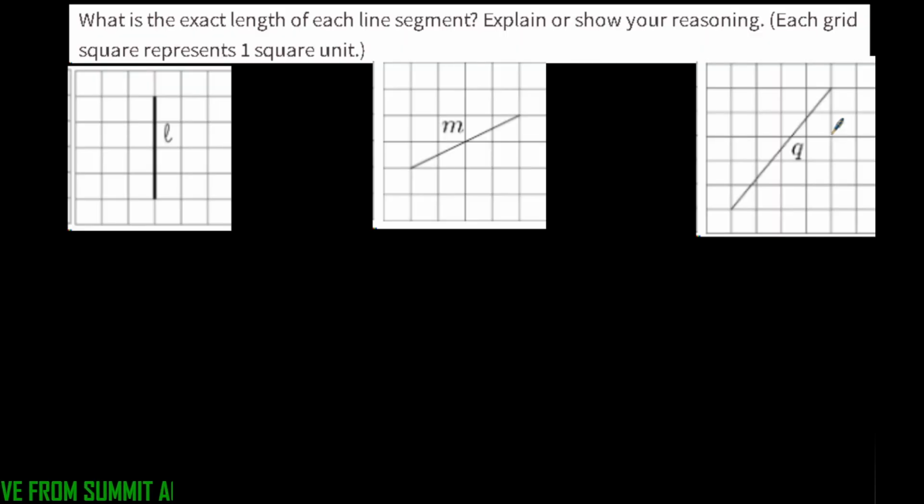For number 3, it says what is the exact length of each segment. You can use your Pythagorean theorem to solve it, but for this one we can count, and this is just 4, so that one's real simple. For this next one, what I want you to do is draw a right triangle and use A squared plus B squared equals C squared.